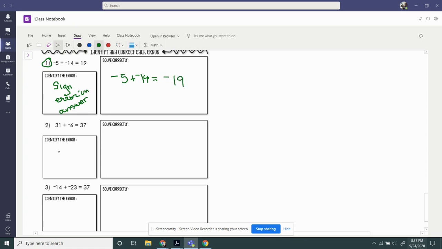Okay, here they added instead of subtracting the 6. This should be 31 plus a negative 6, which is really, students, the same as 31 minus 6. And 31 minus 6 does not equal 37. So first of all, let's write down what they did wrong. They added instead of subtracting.